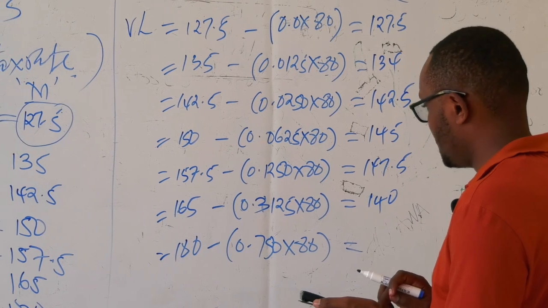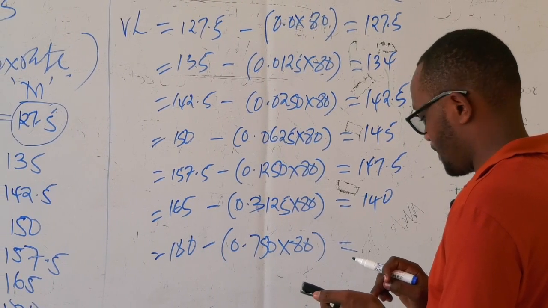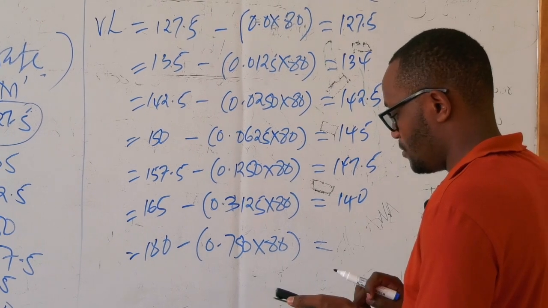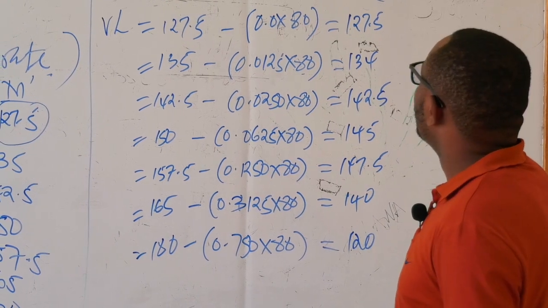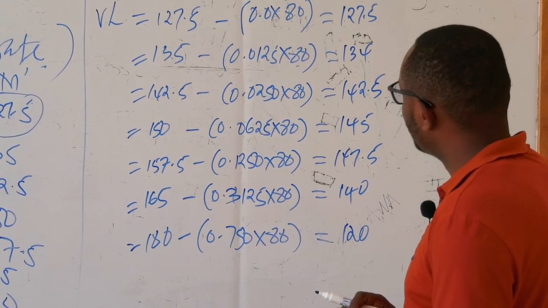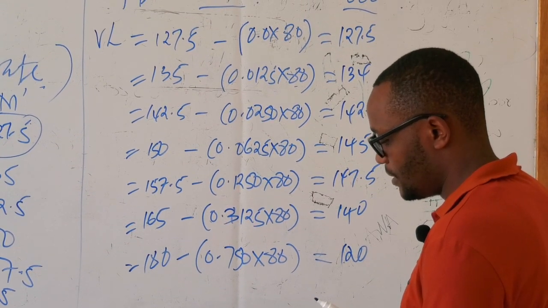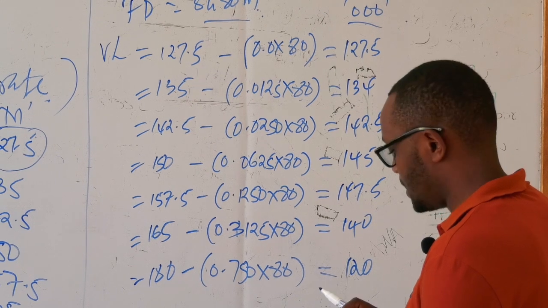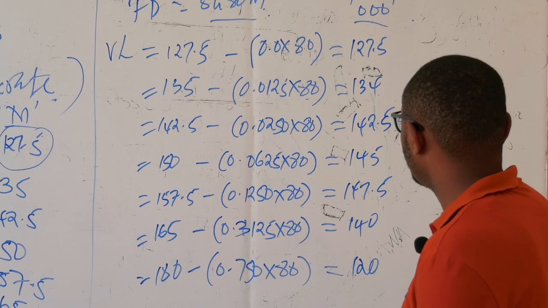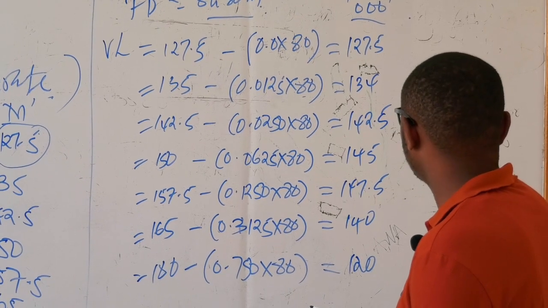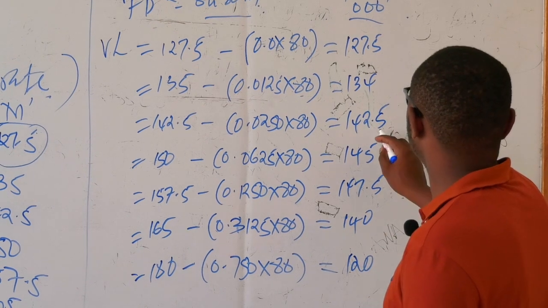We have 180 minus, in brackets, 0.75 times 80. I'm tempted to repeat the same: I told you math is all about speed and accuracy. But sometimes you may rush and find yourself committing some silly mistakes.